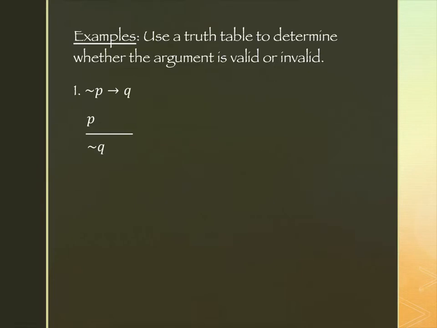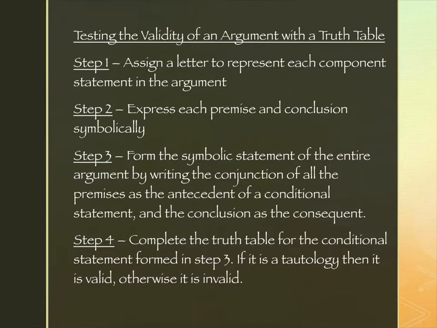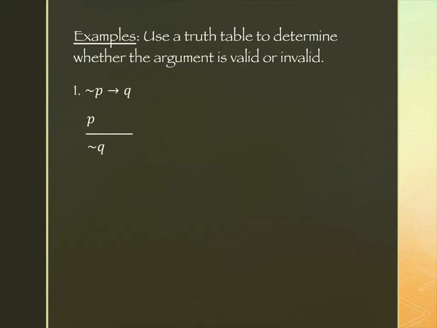You guys ready? So step 3 says that we're going to form a statement of the entire argument by writing the conjunction of the premises as the antecedent of a conditional statement and the conclusion as the consequent. So what they're saying we're going to do is take each of these statements and put an and between them. Okay, so that's the first thing we're going to do.